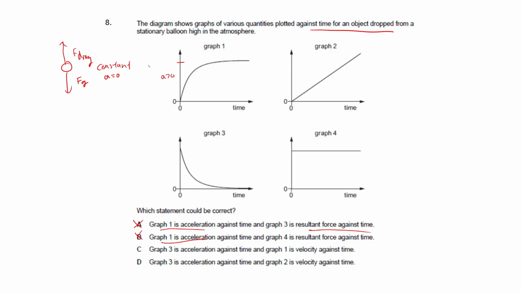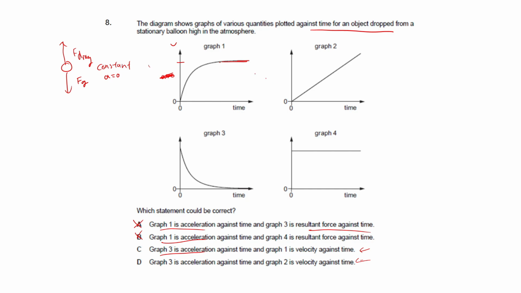Graph 3 is acceleration against time, and then graph 1 is velocity against time, graph 2 is velocity against time. So these are the same for the first one, and we have to decide 1 and 2. So 1, let's say this is velocity, right? We can see that velocity approaches a certain value, which supports our theory that our object reaches terminal velocity and thus eventually reaches a constant value.